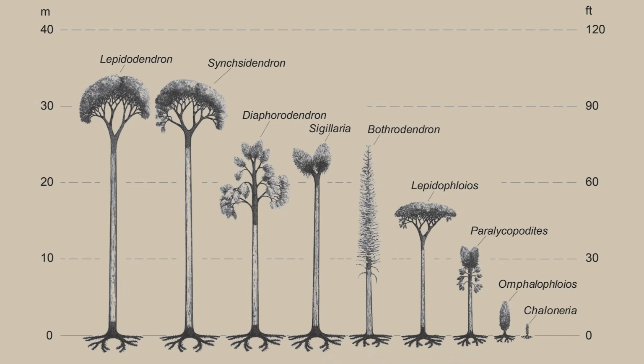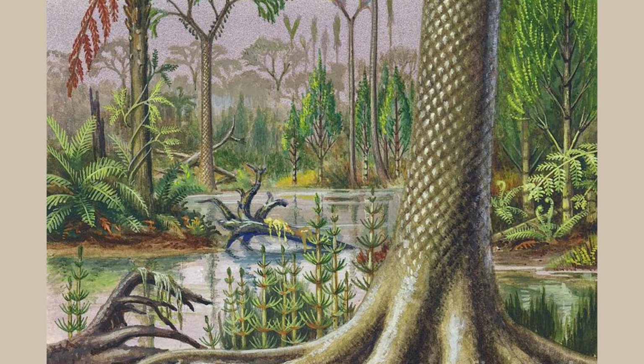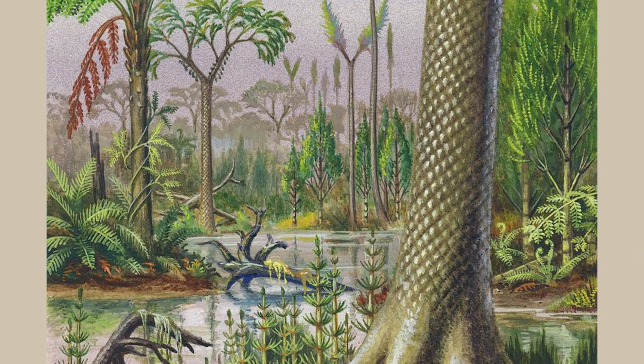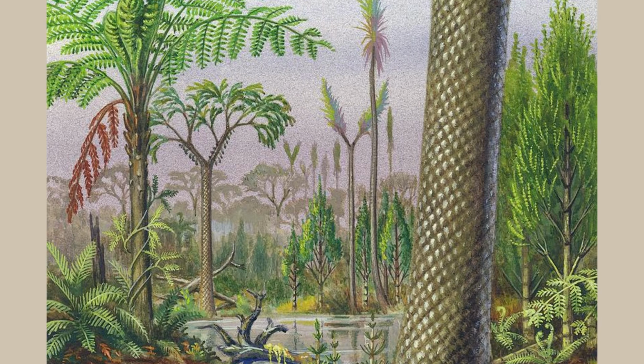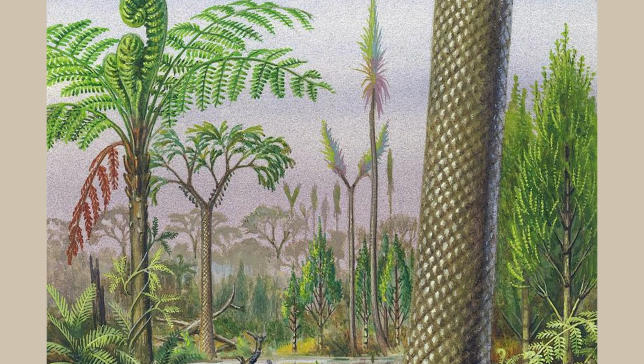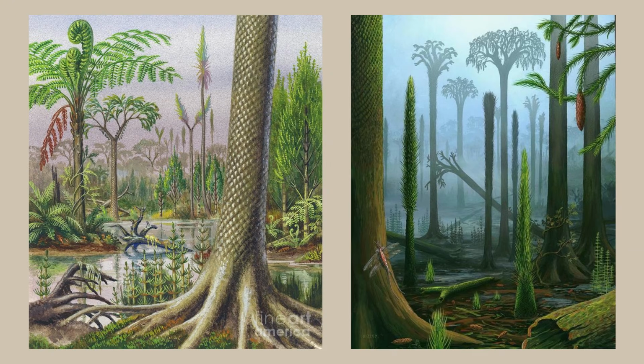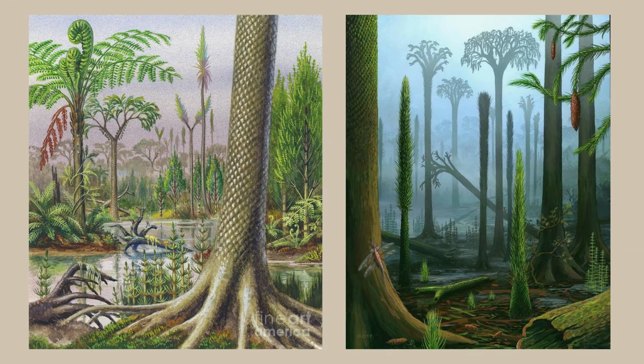Plants like lepidodendron, the famous scale trees, grew up to 100 feet tall, but they didn't have solid wood like a modern oak. Instead, their trunks were supported by a massive thick outer layer called a cortex, which held them upright almost like a rigid pressurized tube.